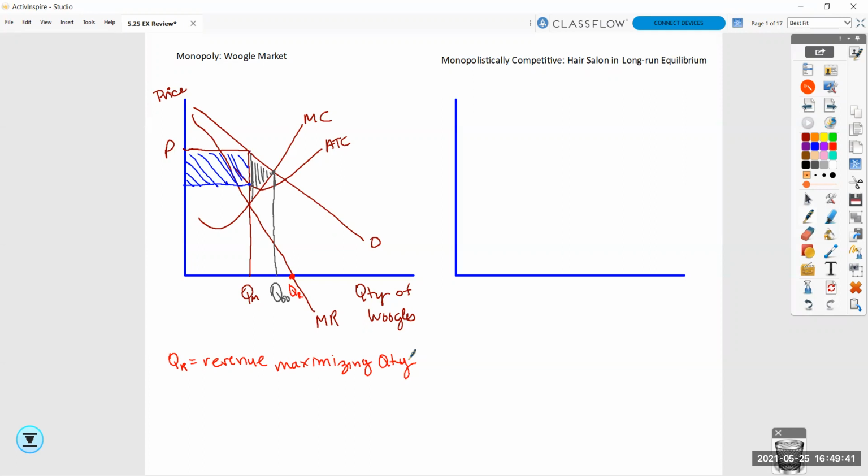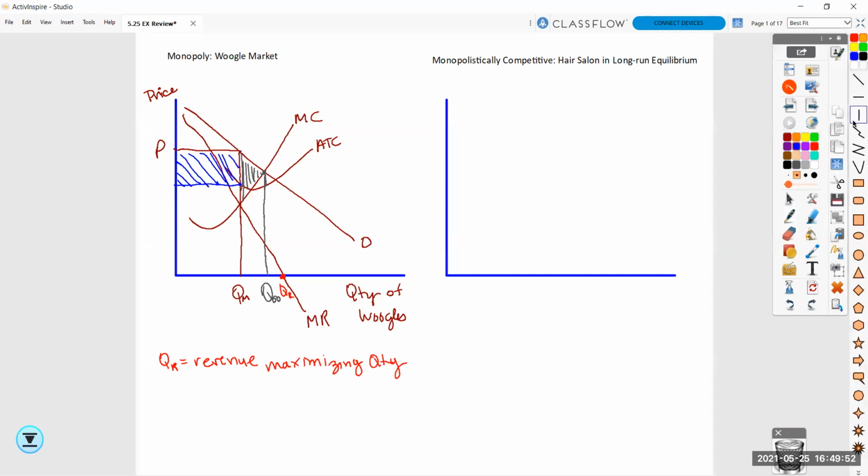At what quantity will the firm break even? Break even. Good. So break even is when the price is equal to the ATC, and the price comes from demand. So I'm going to come right here.